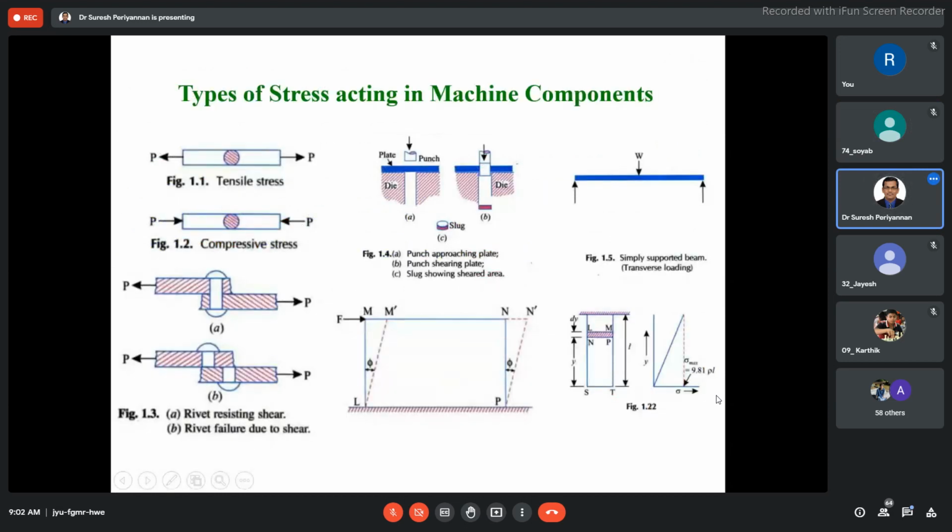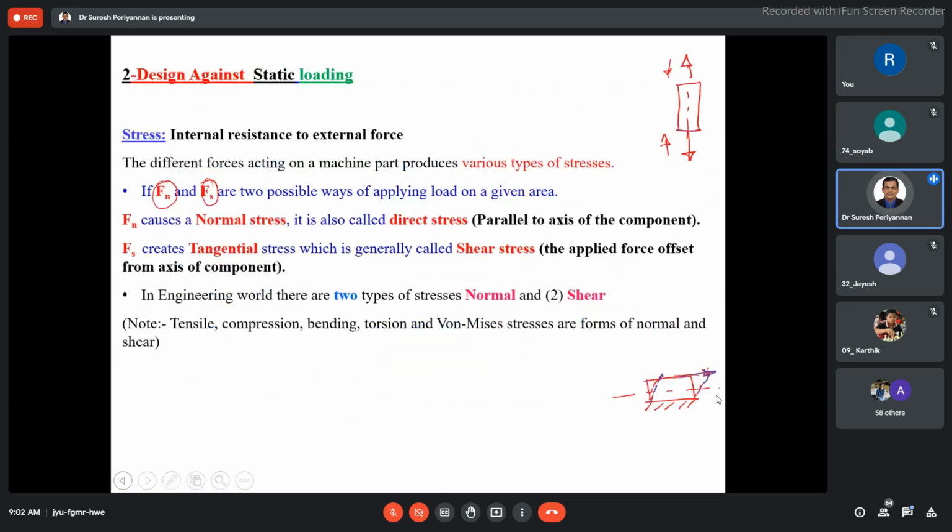Before entering into that, is stress a vector, scalar, or tensor? Tensor, sir. It requires 9 magnitudes, I guess, sir. No, it will have 3 magnitudes, but the direction will be 9.